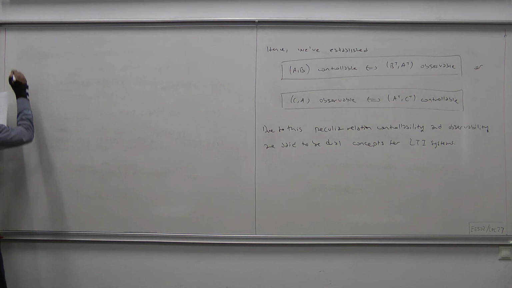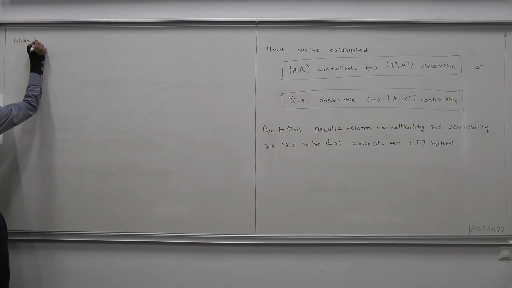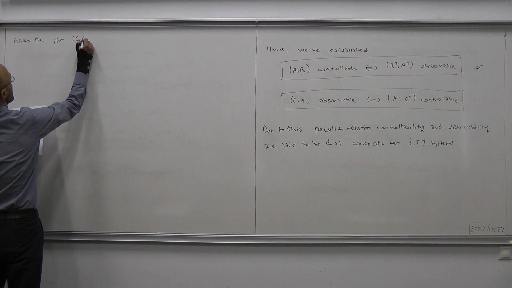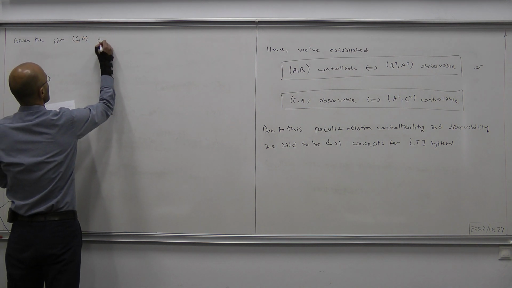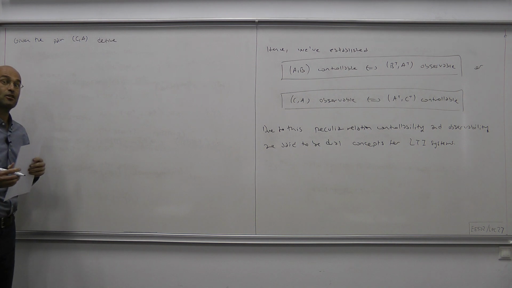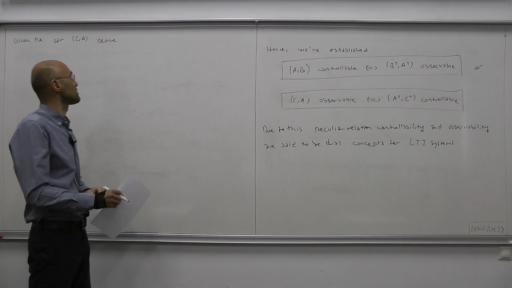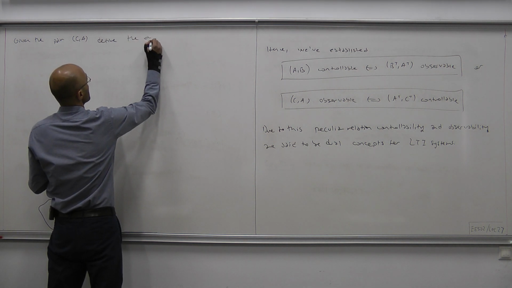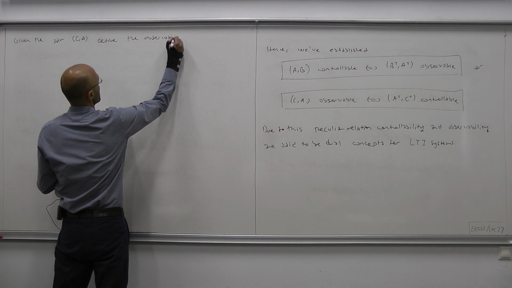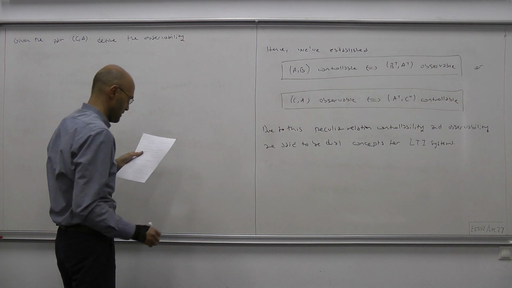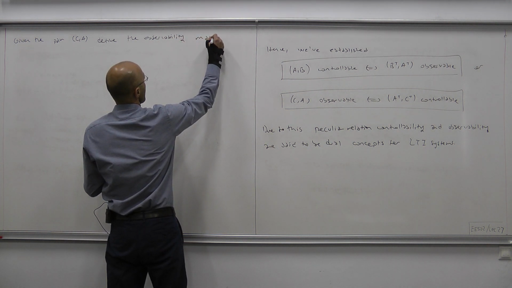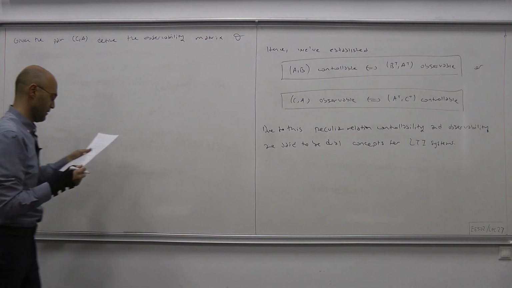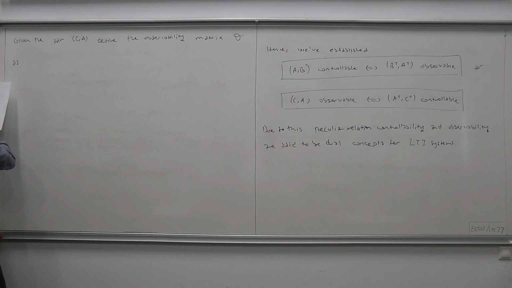Now, given the pair CA, let's define the dual of the controllability matrix. We're going to call it the observability matrix. Define the observability matrix as follows.